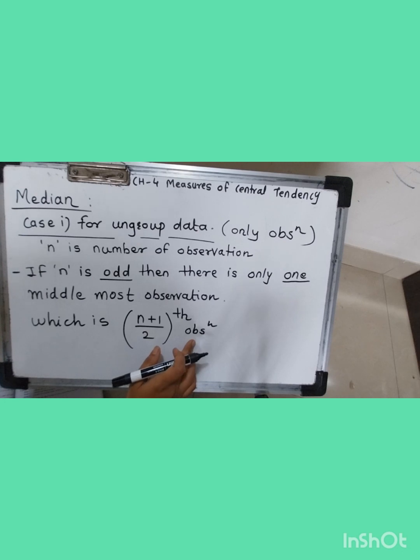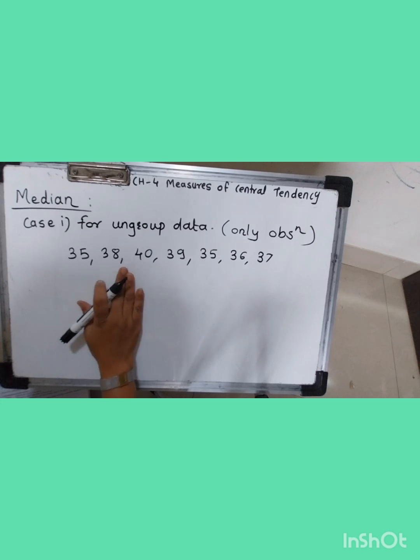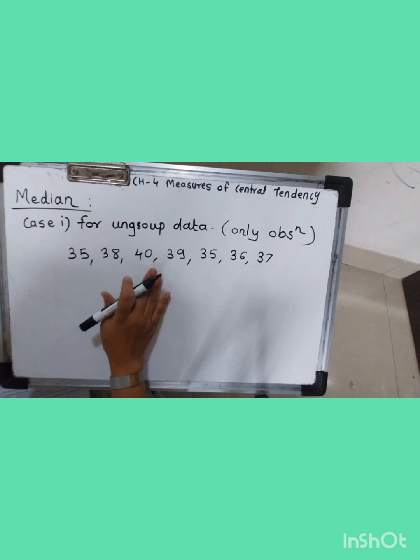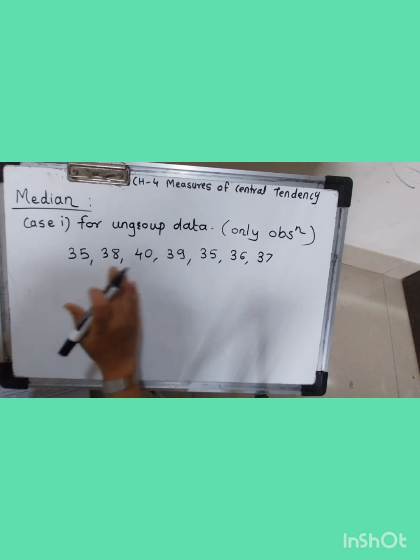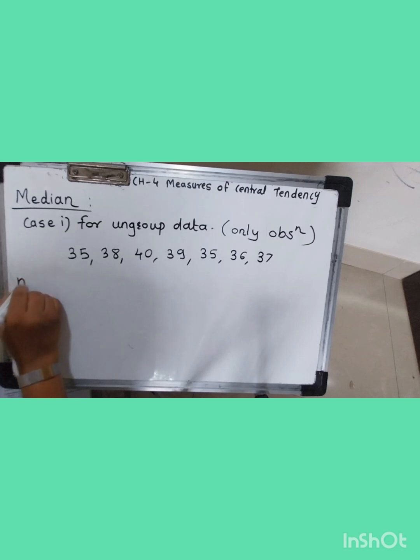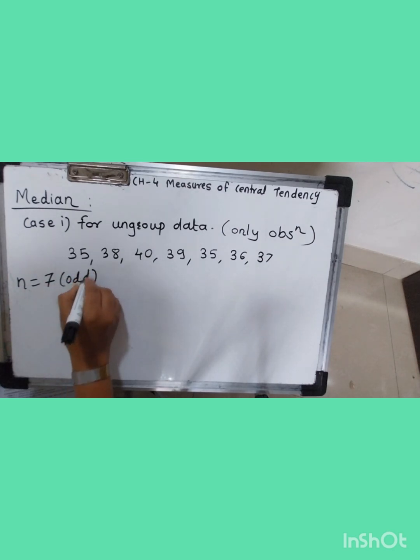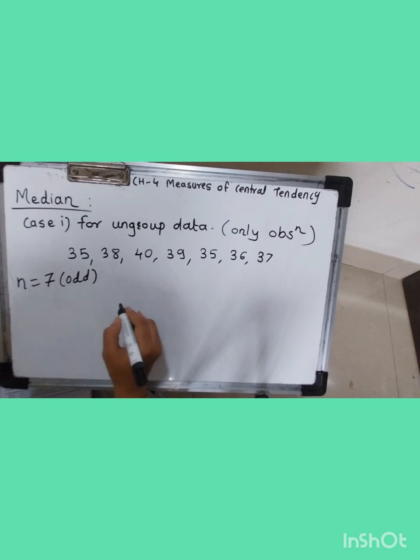We'll see using an example. This is the data, ungrouped data. Why do we call it ungrouped data? Because there are only observations, frequency is not there. How many observations? 1, 2, 3, 4, 5, 6, 7. So n is 7, an odd number.